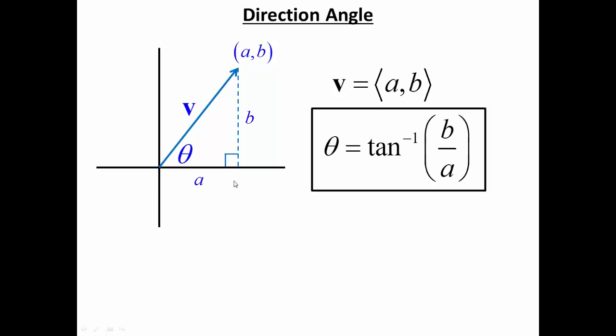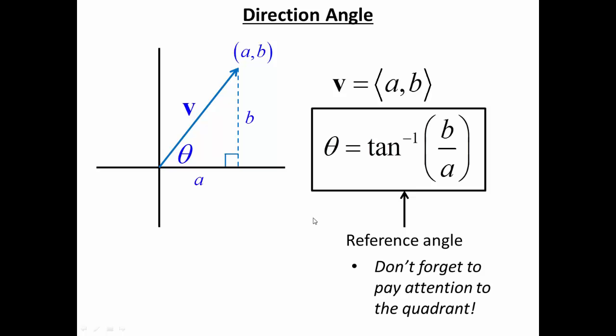Now it's important to remember though, it's only going to be this specific formula if you're in the first quadrant, because in the first quadrant we actually only get a reference angle. Every quadrant has its own little reference angle, the acute angle with respect to the x-axis. Sometimes we'll have to make adjustments based on the actual quadrant that the vector is located in.